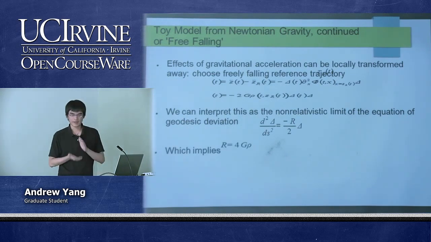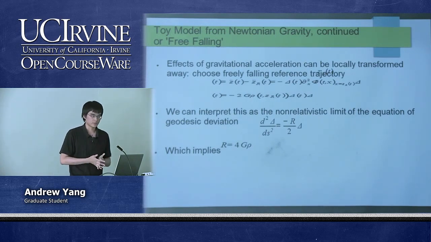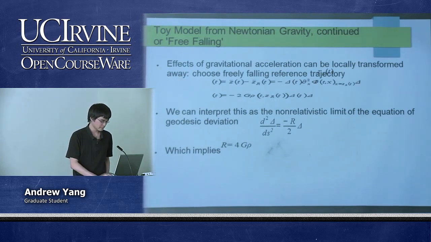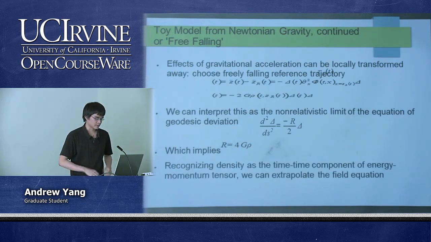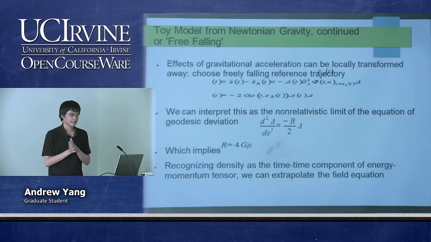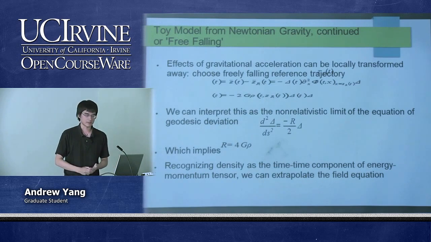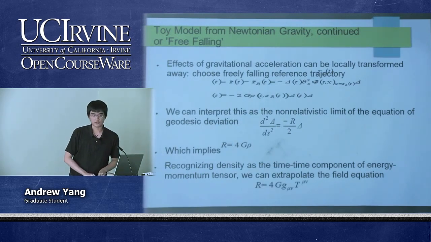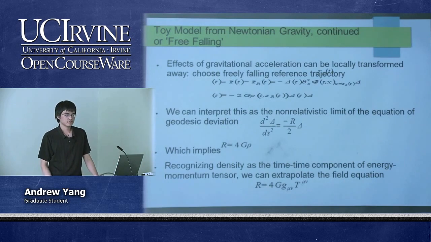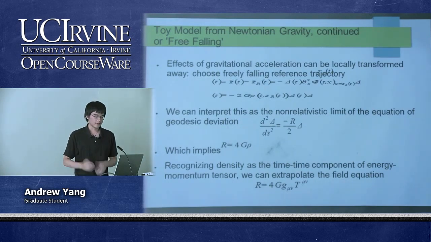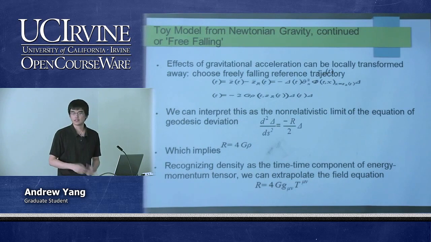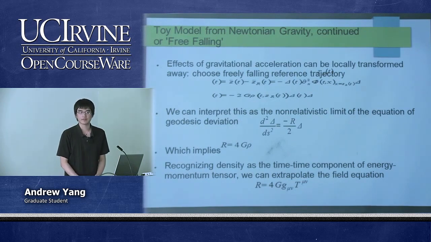And then if we combine the two, we realize we have a definition of the Ricci scalar as 4 times the gravitational constant times the mass density. If we recognize this as the time-time component of an energy momentum tensor, we can consider this another non-relativistic limit of a new field equation. So we can say that in 2 dimensions, we have R equals 4G times the metric times energy momentum.